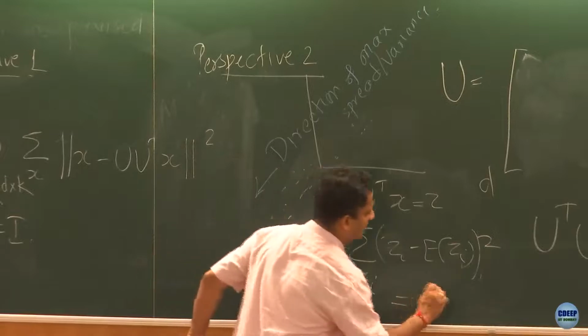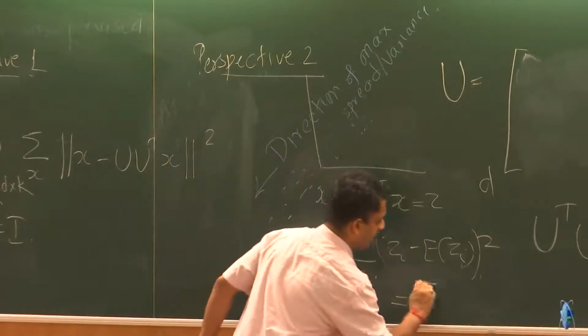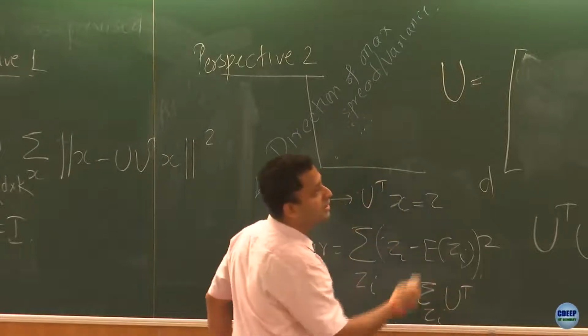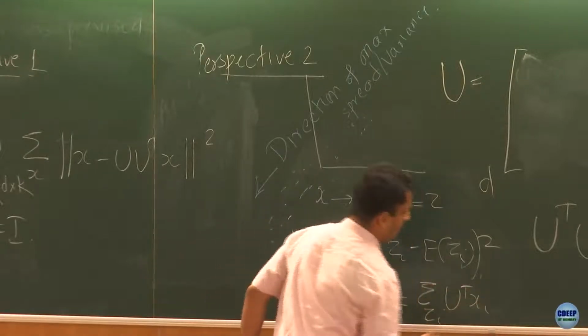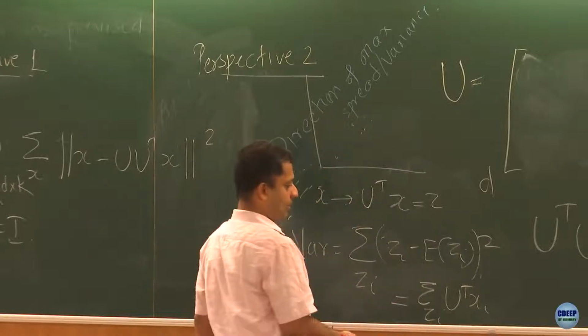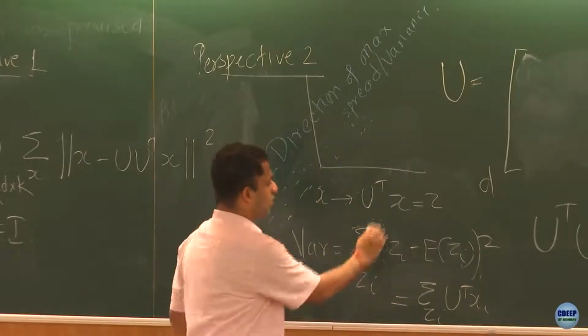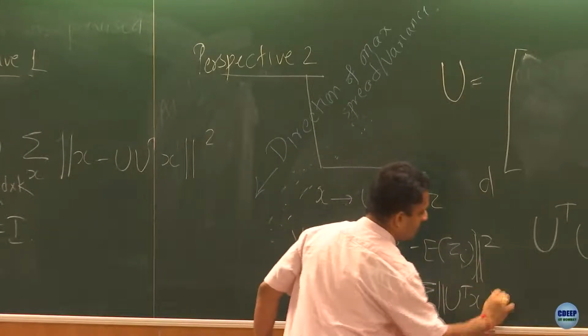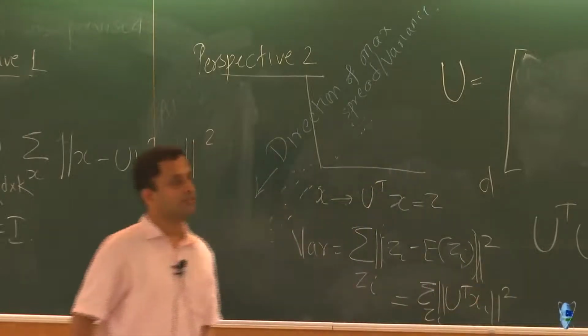So this is nothing but the summation over zi, of U transpose times xi. But now you will talk about norm square, because you are dealing with multiple coordinates.